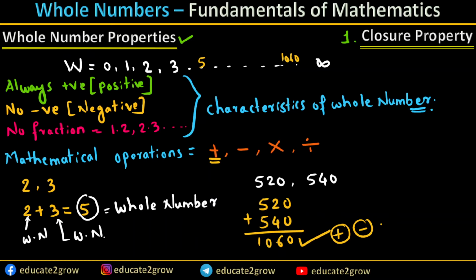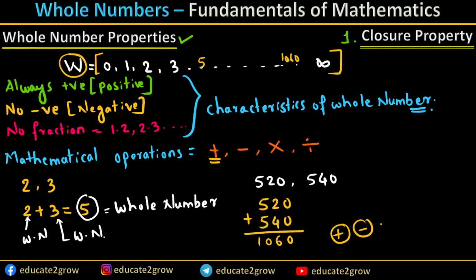What I wanted to tell here is that whatever result we get is part of the whole numbers, part of this W. Hence these are closed numbers. We are not deviating from this set, meaning we are not getting any fraction, we are getting purely a positive number.